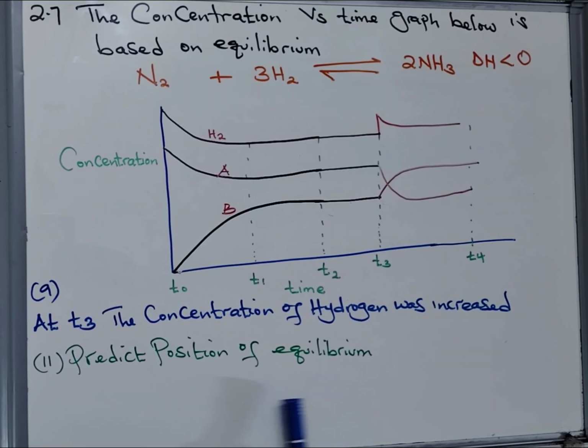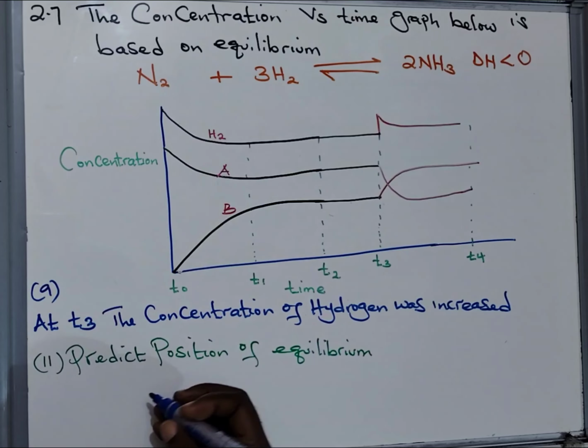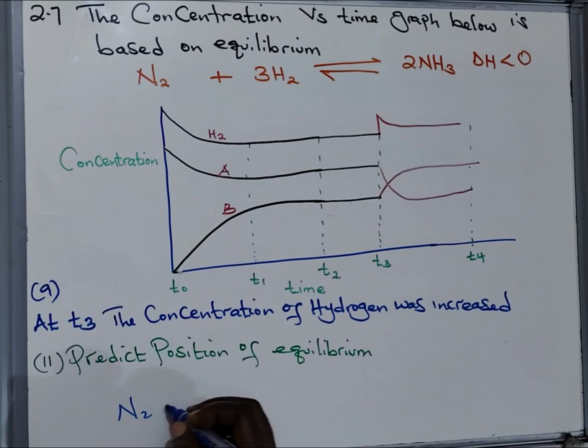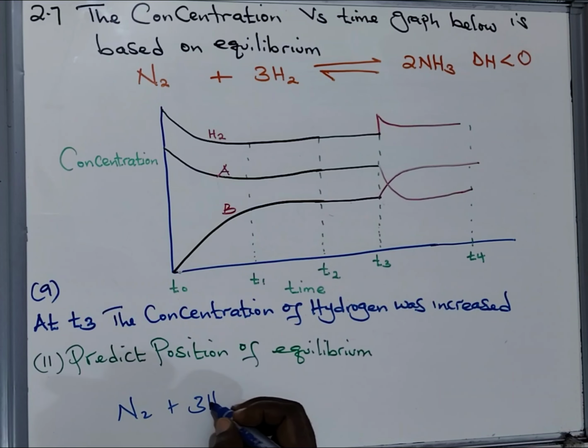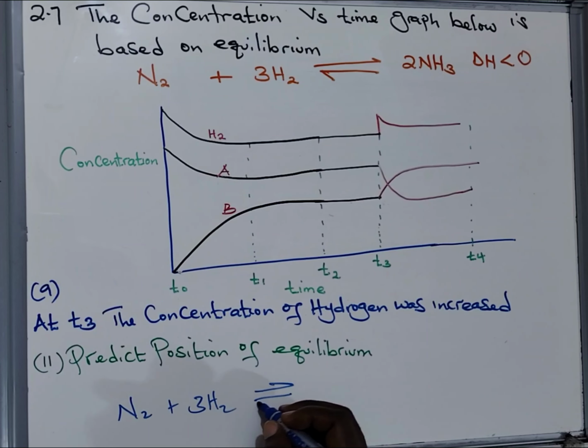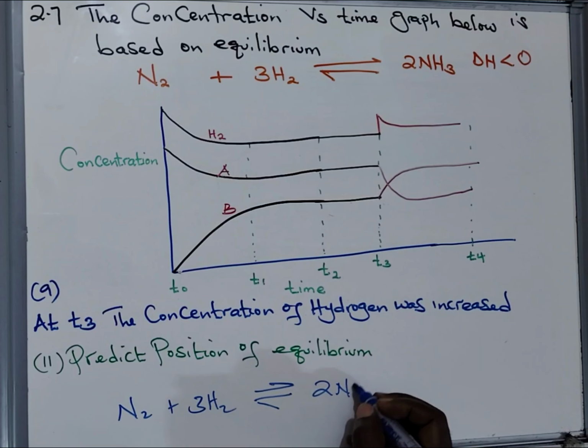Yeah, then comes this question saying predict position of equilibrium. Okay. So what do we have? We have our equilibrium, which is that. So what is the change? The change is hydrogen increasing.